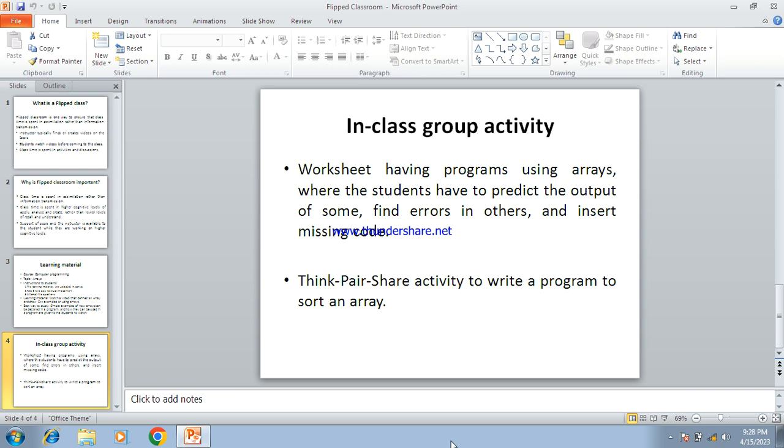So, what this worksheet actually did for the student was that instead of simply knowing the topic of arrays in theory and having seen some examples of arrays, they now actually work with programs in the class, and wherever they got stuck, they could simply raise their hand and either a teaching assistant or the instructor or one of the peers would be available in order to clarify the point at which they were stuck. So, that was actually a good session for the students because they were actually working with the content and not simply listening to the content.